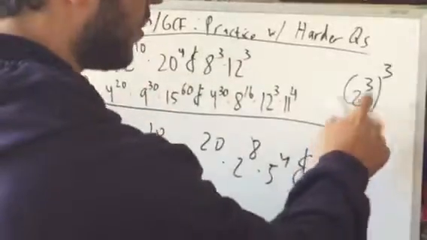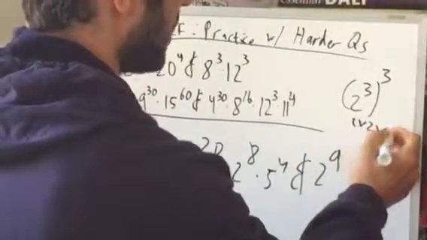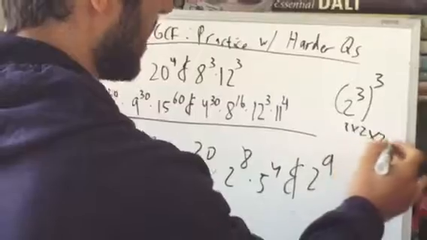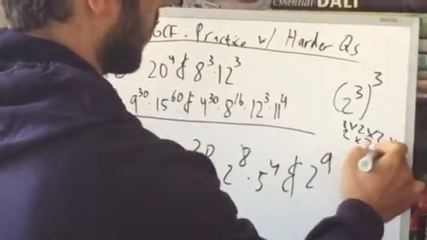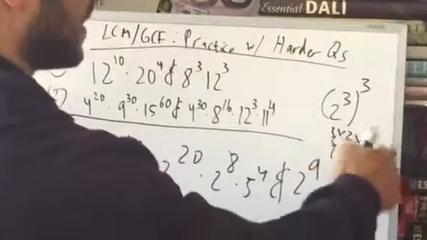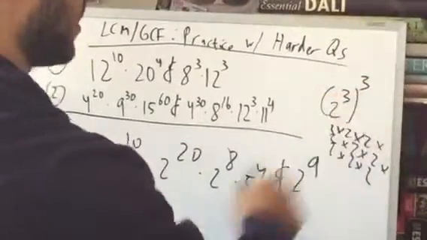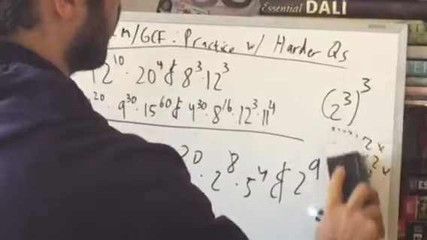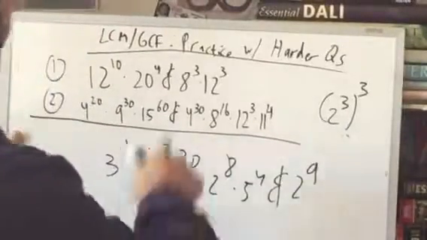If 2 cubed is 2 times 2 times 2, and we do this 3 times, you can just count up that there are 9 2s. So that's the 8 part.